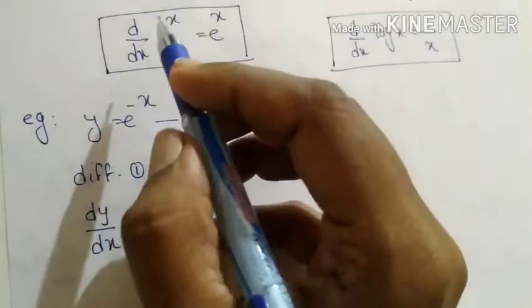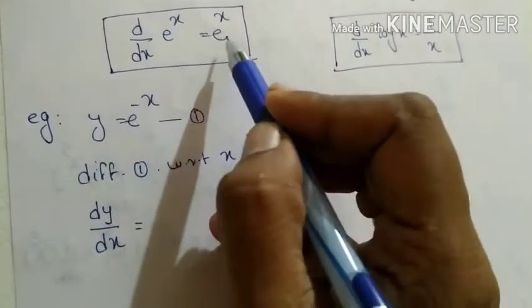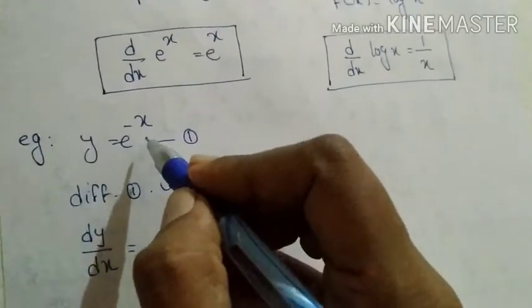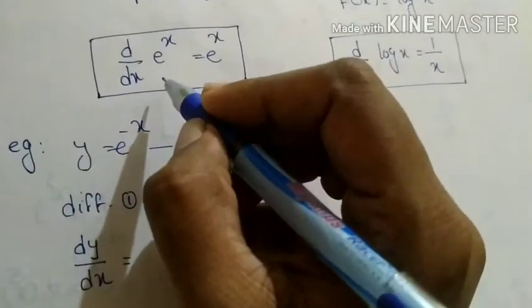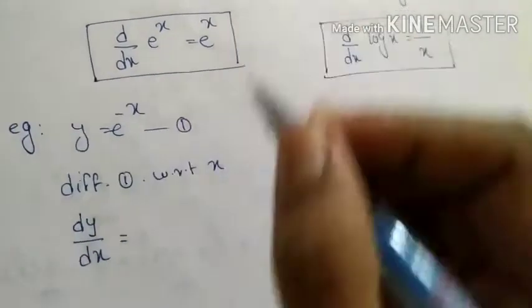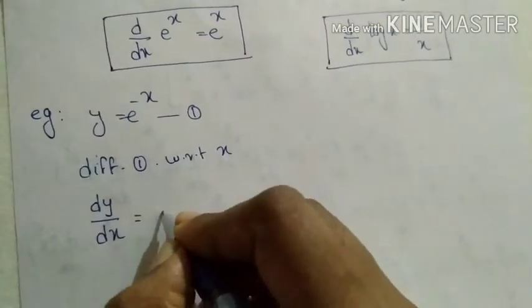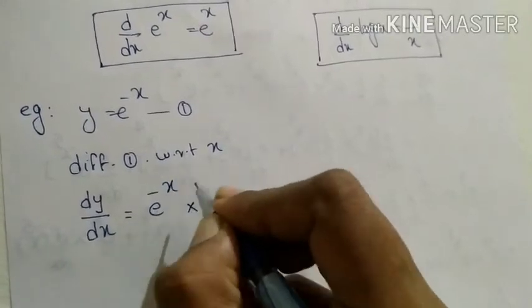We know that the standard form of derivative of e raised to x is e raised to x itself, but here it is e raised to minus x. So, if derivative of e raised to x is e raised to x, then derivative of e raised to minus x will be e raised to minus x into derivative of minus x, which is another function.